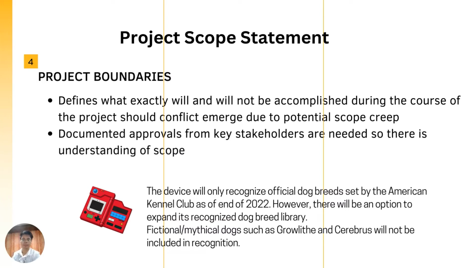However, there is an option to expand it so that future or additional dog breeds could be added in the future. And second is that fictional or mythical dogs such as Growlithe and Cerberus will not be part of the dog libraries to be recognized.